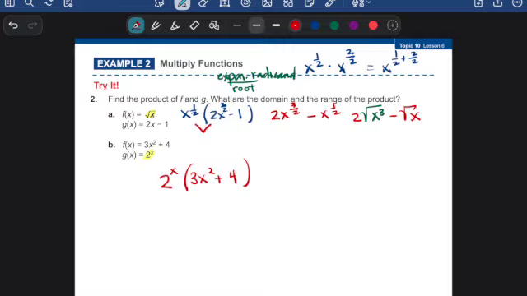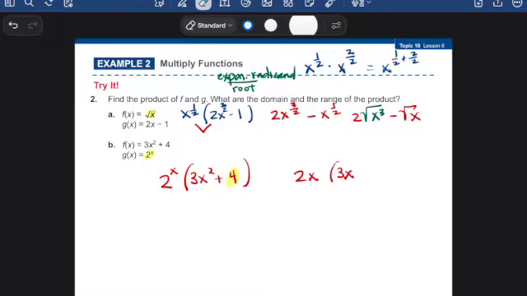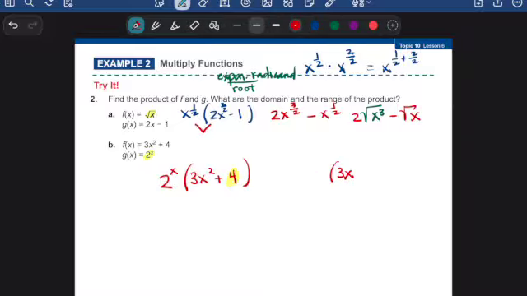Now, I notice that this 4 can be changed to have a base of 2. So I'm going to rewrite it. Whoops, it's not squared. I did not write that correctly. 2 to the x, this is squared, and 4 is the same as 2 squared.